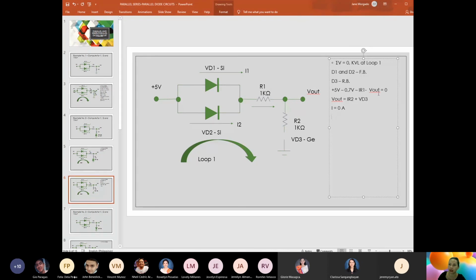Ba't tayo magkakaroon ng V out? It's because of this equation. So, this is equal to 0 now. I'll just remove this. So, your V out now is equal to 4.3 volts.